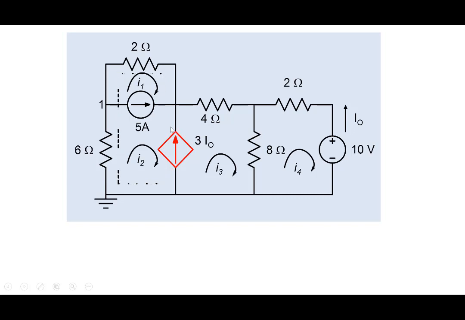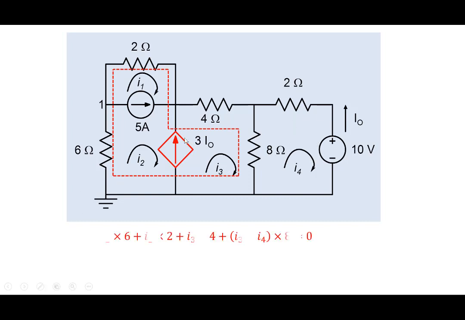So what we can do is super meshes, not just two meshes combined together, but you can combine three meshes here. So we can combine these three meshes together and write it as a super mesh. So basically then we have two KVLs to write, one for this and one for this super mesh. And note that for a super mesh, let's say we start from this ground terminal.